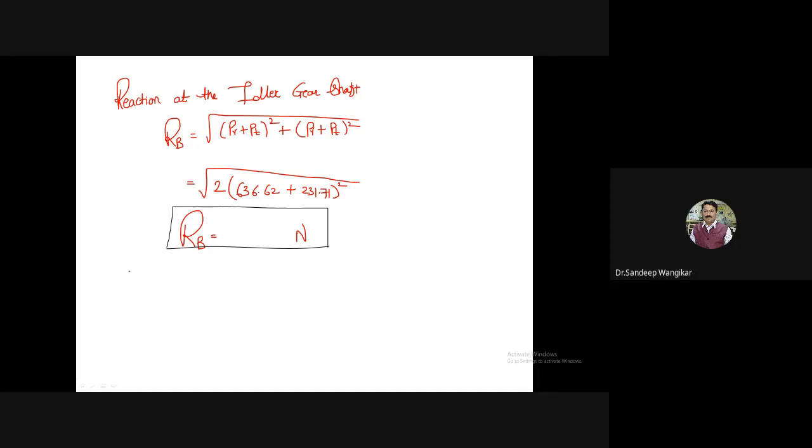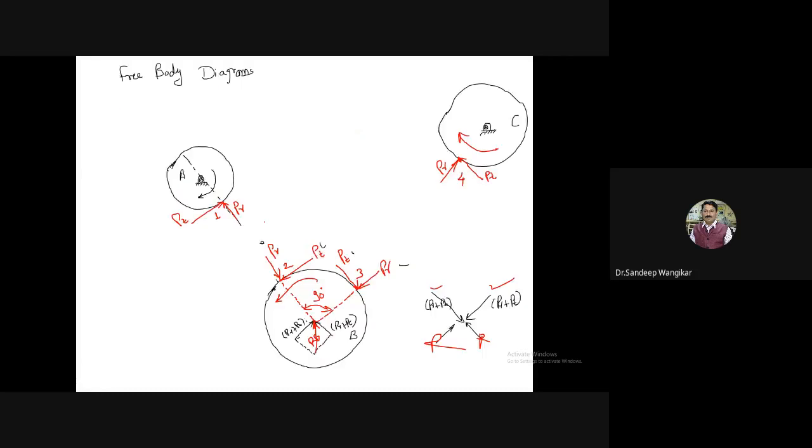The answer for RB is 1228.00. I will not take the decimals. I will say 1228 N.